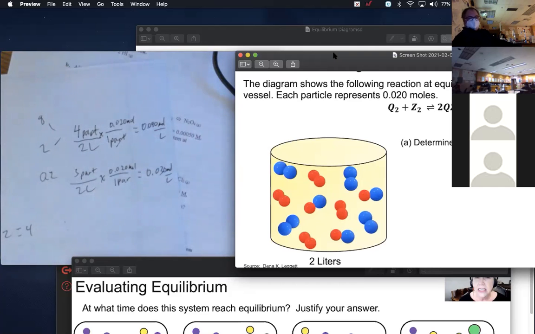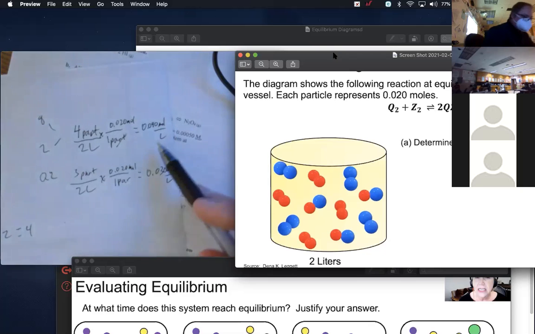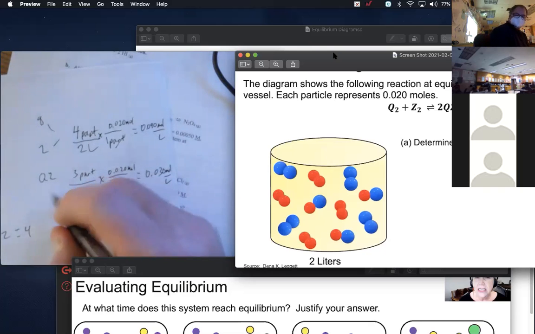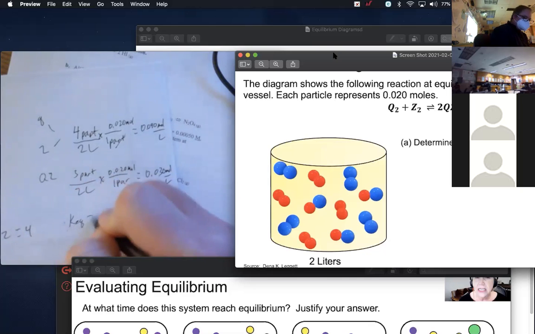What are we expecting our equilibrium constant to be, just in our head at this point? 1, greater than 1, or less than 1? Less than 1. If we're seeing more reactant, we're assuming this will be less than 1. Let's go ahead and set up our K expression, because this diagram is at equilibrium.